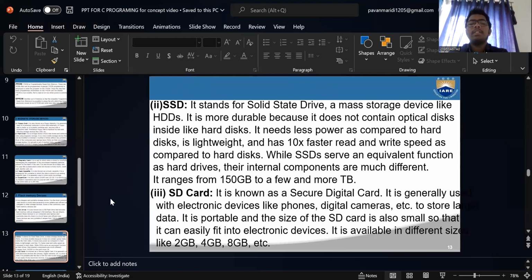SSD. It stands for solid state drive. A mass storage device like HDDs, it is more durable because it does not contain optical discs inside like hard disks.